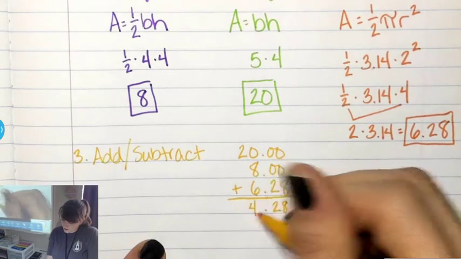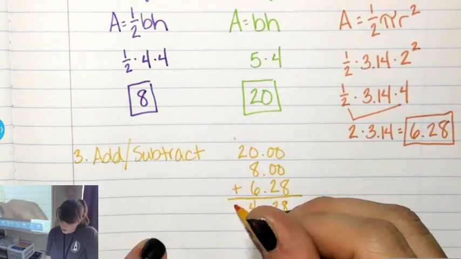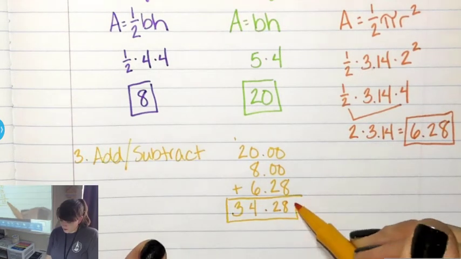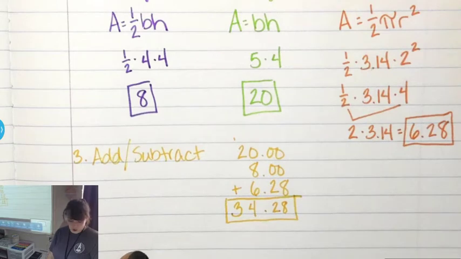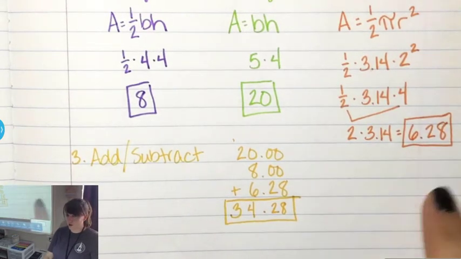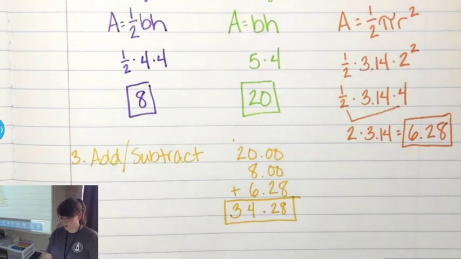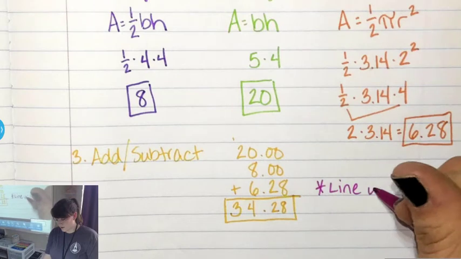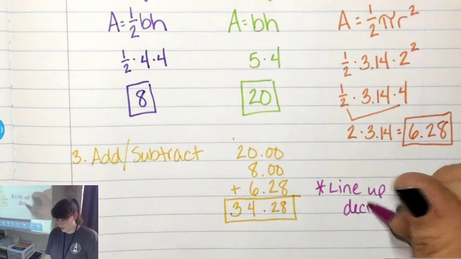So 34.28. So the area of this shape is 34.28. If you need to make a note to line up your decimals, line up decimals.